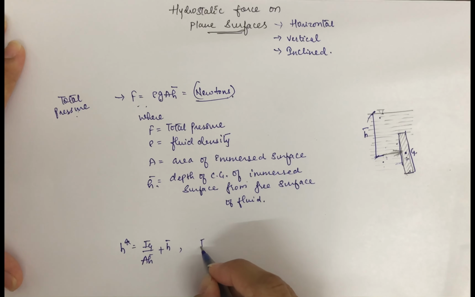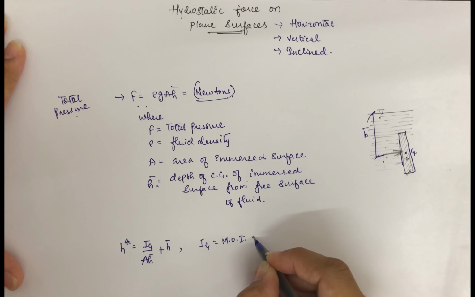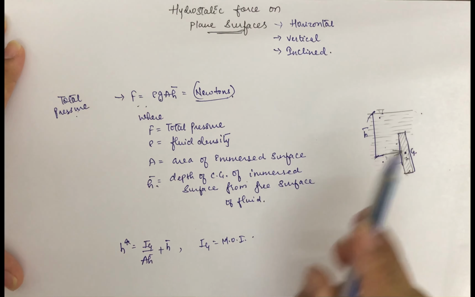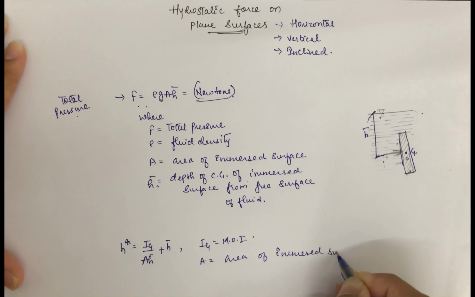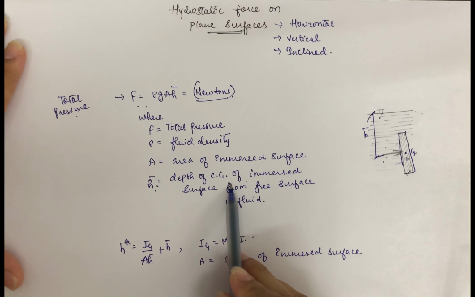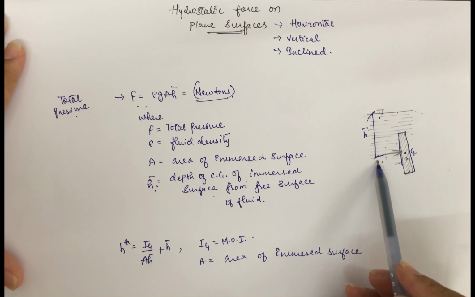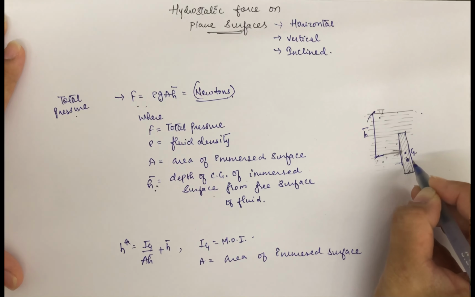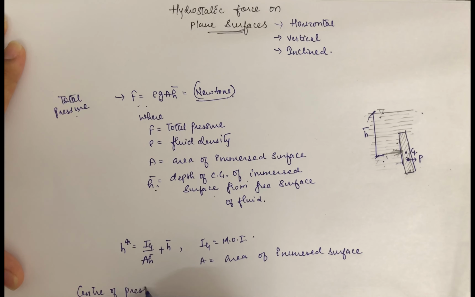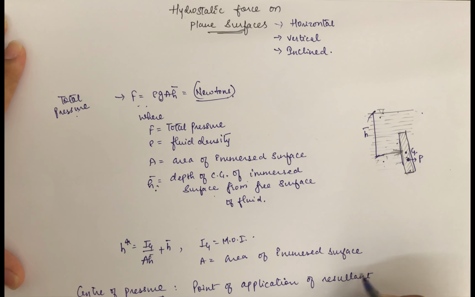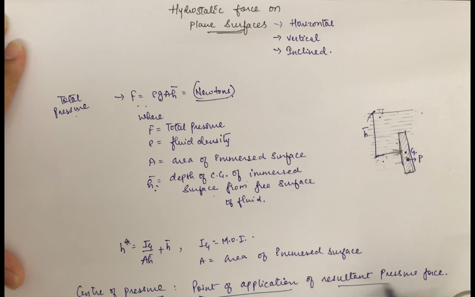where Ig is the moment of inertia of plane surface which is parallel to the free surface of fluid, A is the area of immersed surface, and h bar is defined over here, which is depth of Cg of immersed surface from free surface of fluid, and that will be the center of pressure which is denoted by P. So center of pressure is another important definition, which is defined as the point of application of resultant pressure force.